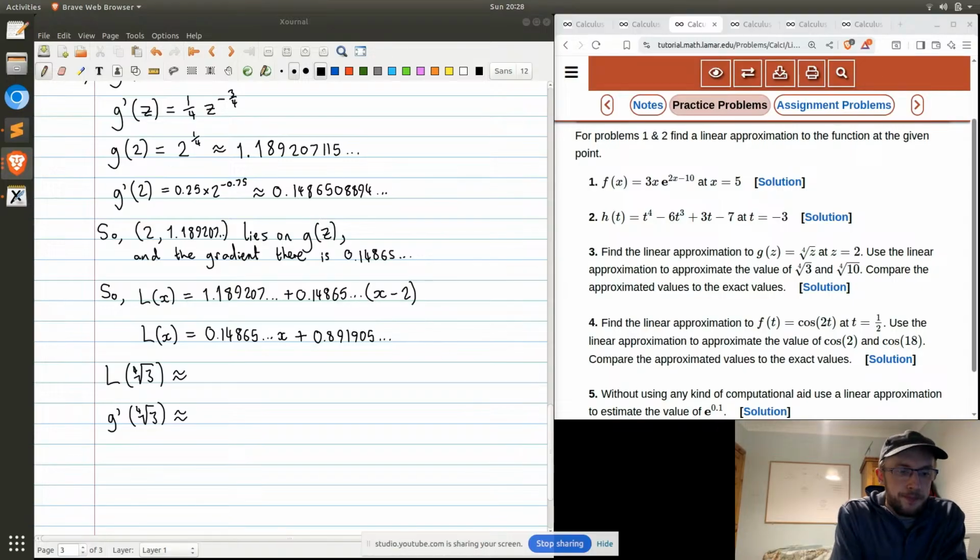Right? So I'm going to type in 0.14865 times 4th root of 3 plus 0.891905, and I get approximately 1.087539.